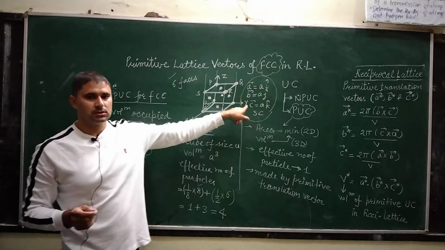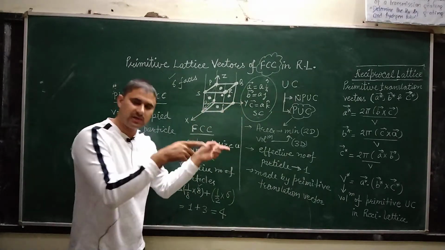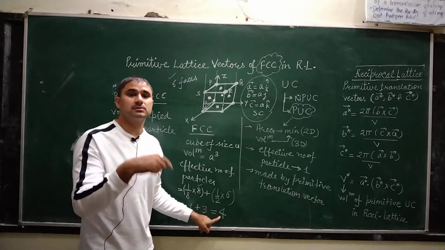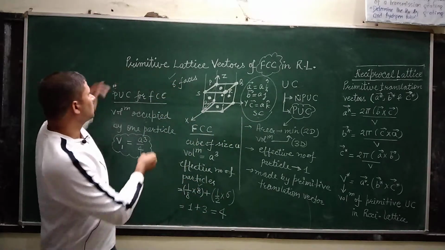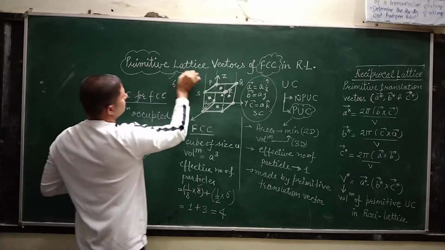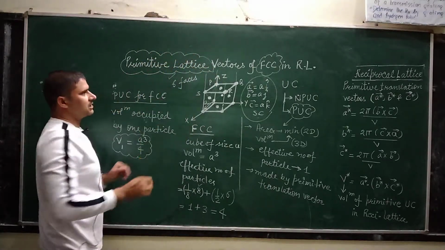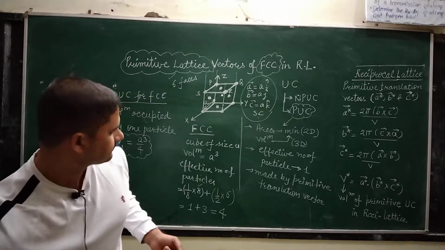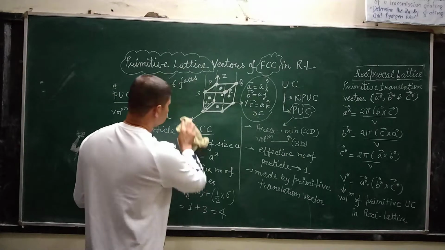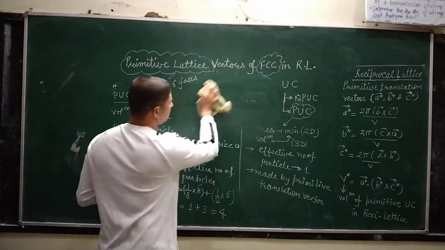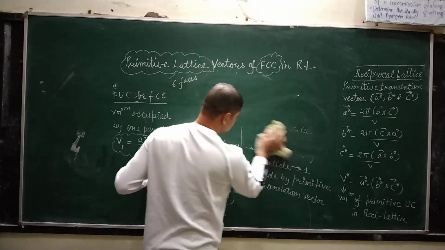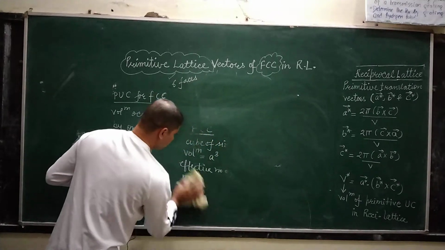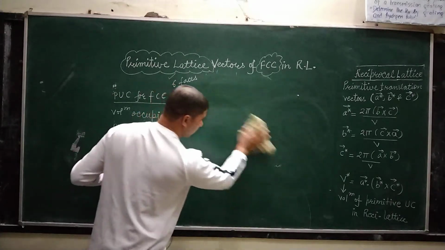We cannot choose these vectors as primitive vectors, because if you choose them, then the number of particles becomes 4. And we are talking of primitive vectors for FCC. So now you will make some change. I will make the whole diagram again, and you are to choose the primitive vectors very wisely.